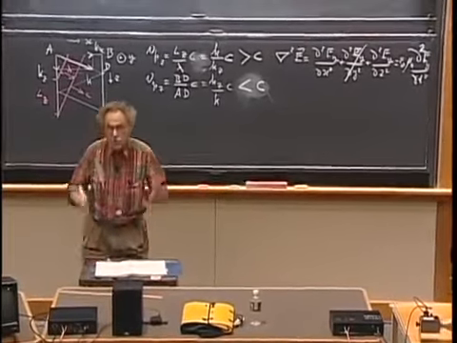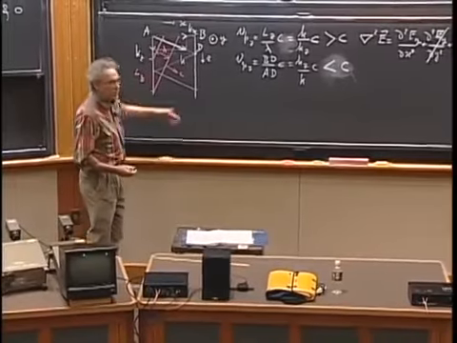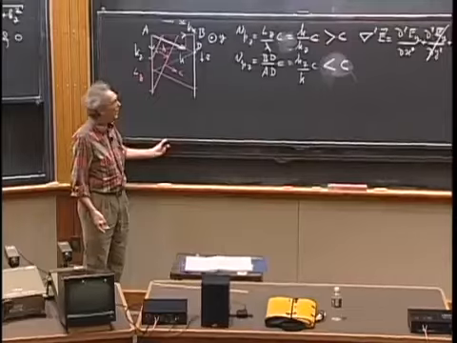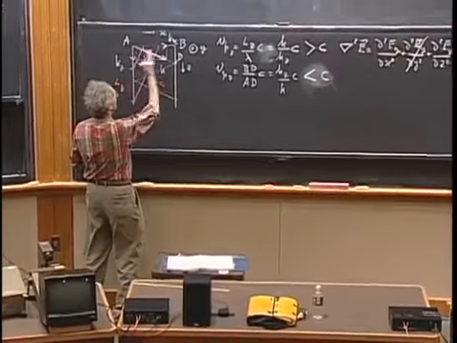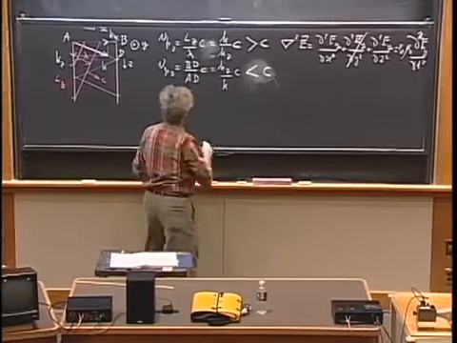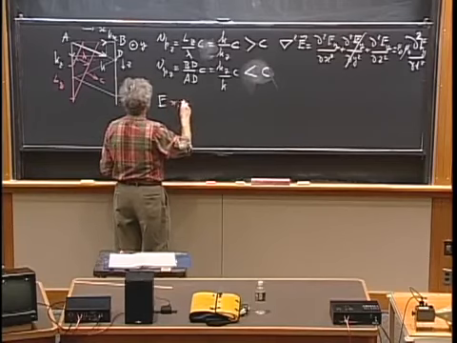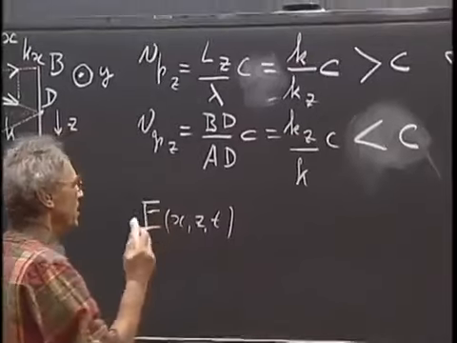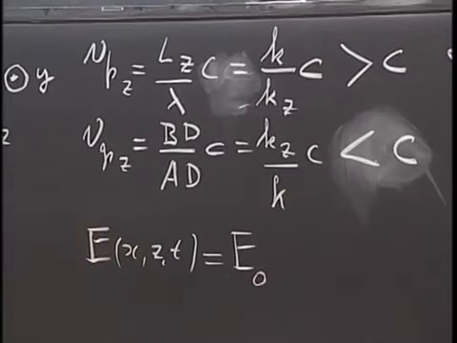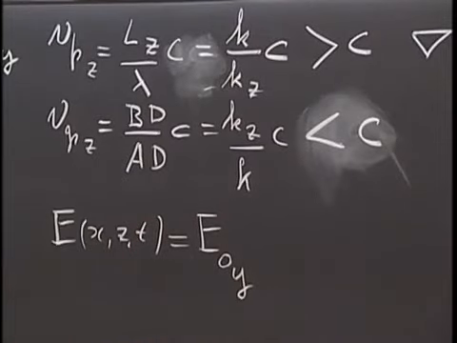So the solution for the wave that goes from here to here immediately presents itself because we have a lot of experience now. It's going to be a standing wave in the x direction and it's going to be a traveling wave in the z direction. So E, as a function of x, z, and t, because E itself is not a function of y, is some amplitude E0. To remind you that it's only in the y direction, I'll be nice to you and put a y there.